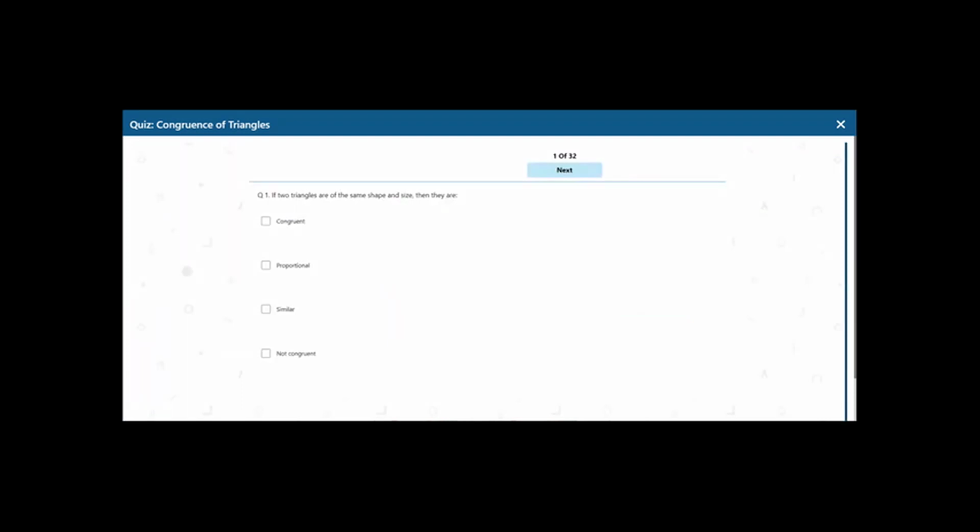Okay. If two triangles are of the same shape and size, then they are congruent. Congruent, ma'am. If two figures are congruent, then superposition of one figure over the other. Option C, ma'am. Correct. If two circles cover each other completely, then their radii are in the ratio 1:1, ma'am.